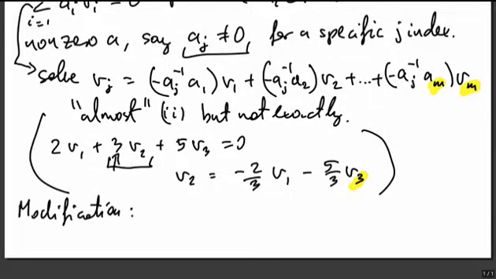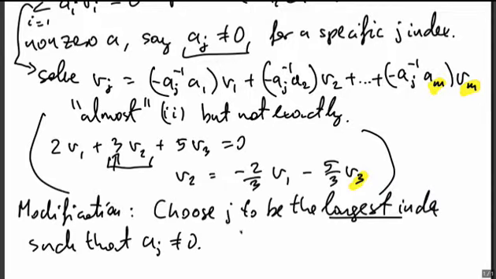We choose j to be the largest index such that aj is not 0. That means that aj plus 1, aj plus 2, and all the other higher index coefficients are 0.